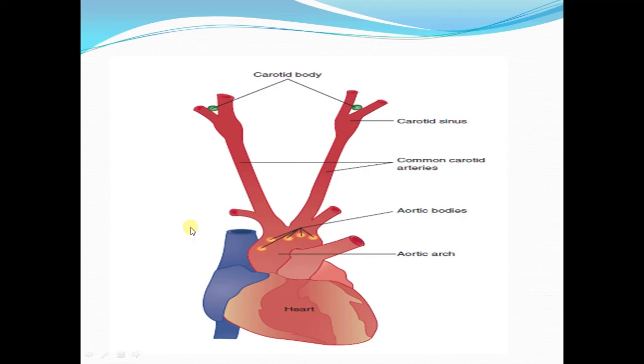Look at this diagram. It shows us the location of the peripheral chemoreceptors. We have aortic chemoreceptors present in the aortic bodies in the arch of aorta, and the carotid chemoreceptors are present in the carotid bodies, at the bifurcation of the common carotid arteries.